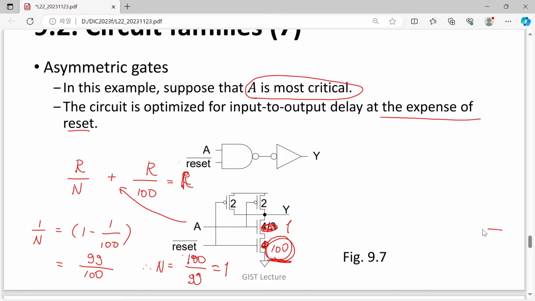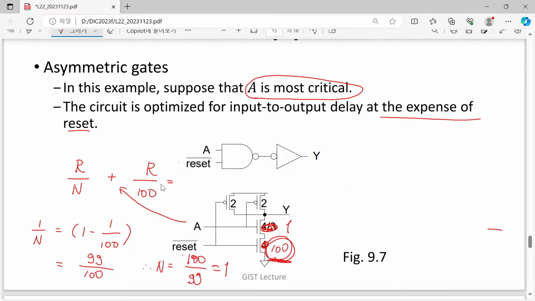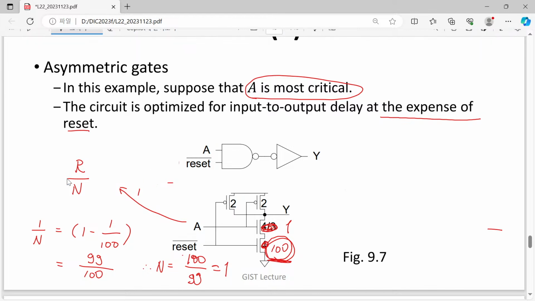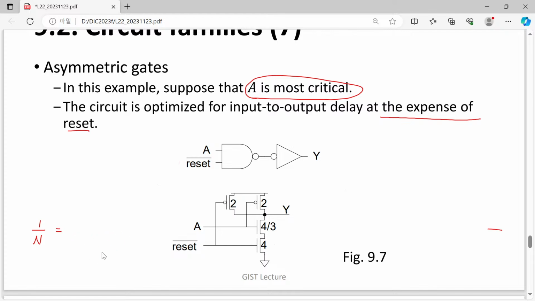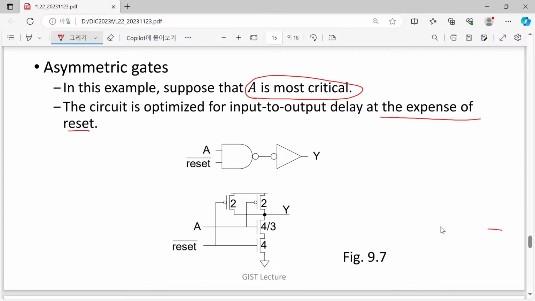So simply speaking, you can slightly tweak these parameters to have a better performance, but not too much. If you just emphasize one side, there will always be a negative side effect on the other part. So only when your A signal is much more critical than the reset signal can you apply this technique.